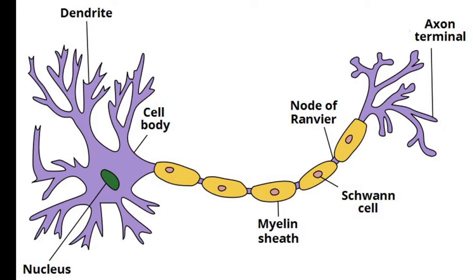The irregular structure is called the cell body, which encloses a nucleus. From the cell body, branches arise as dendrites on the upper side. On the lower side, it gives out only one elongated branch called the axon. The whole neuron is made up of the neurolemma, axon and nerve ending.